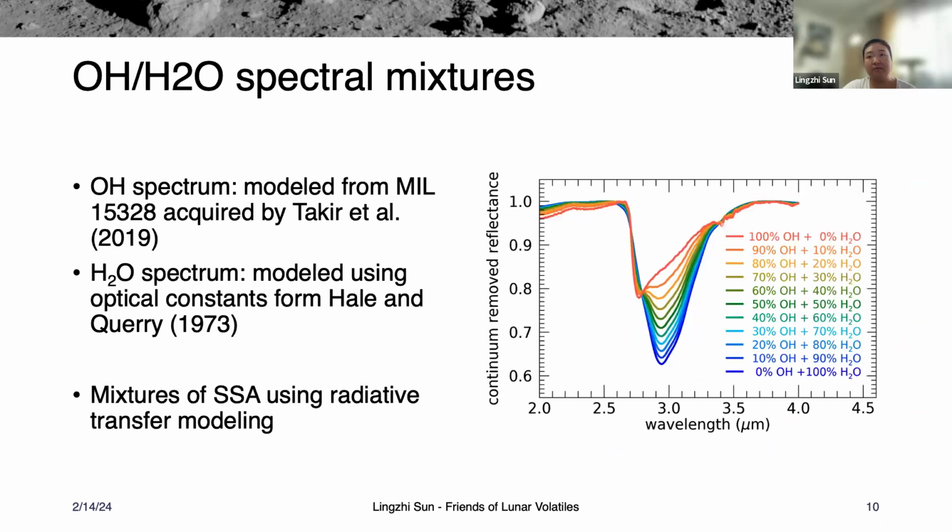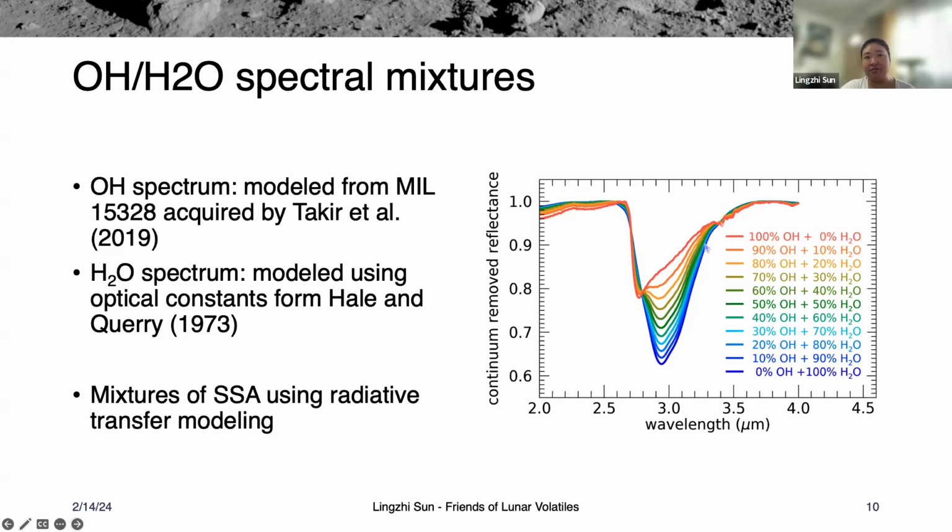To quantify this absorption feature and the grain size variation, we wanted to apply MGM analysis to it. But before that, we need to determine the input parameters for the water absorption features. So we mixed the OH spectrum and the H2O spectrum, then generated this series of mixtures between them.